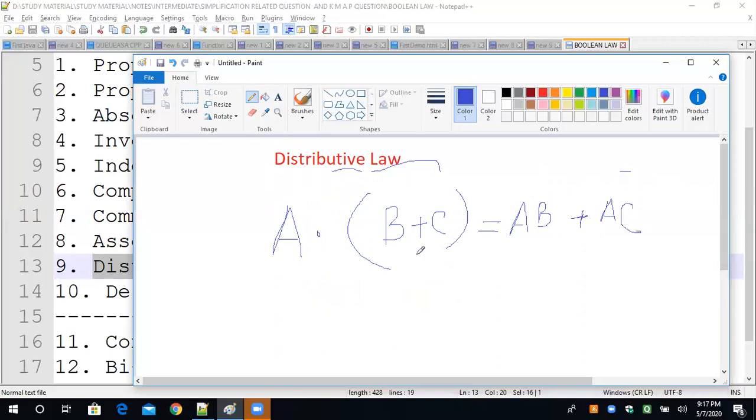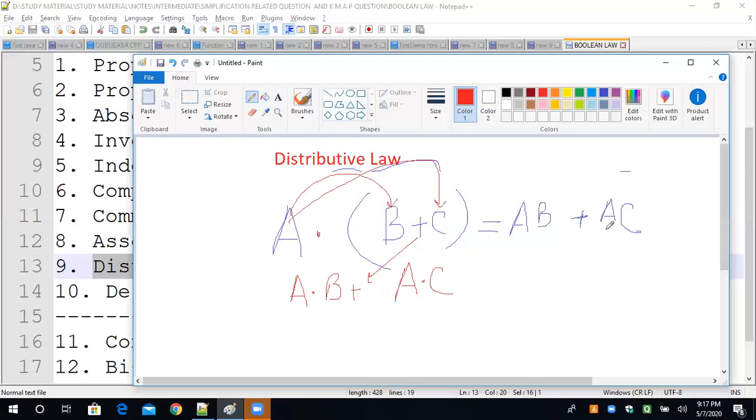No problem. How is it possible? Same procedure. A will be multiplied by B. After the plus sign, A will be multiplied by C because the multiplication sign is outside. So A dot B plus, this plus sign I'm writing over here, and A dot C. Understand? So LHS is equal to the RHS. So the distributive law is again proved.